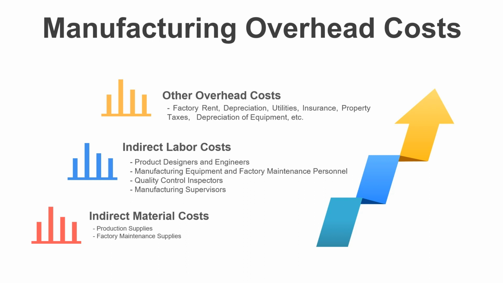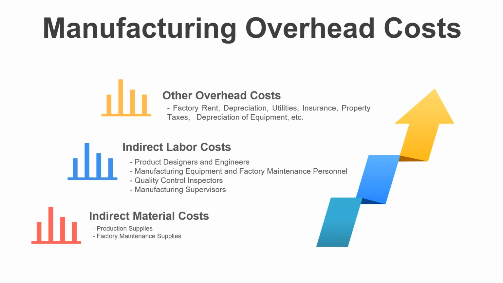Production or product designers and engineers, those people who are actually involved in creating the specifications on how to make the product. See, what I'm including here are any costs that could be avoided if you weren't making the product. If you're not making the product, you don't need somebody to design the material specifications for the manufacture of a product.